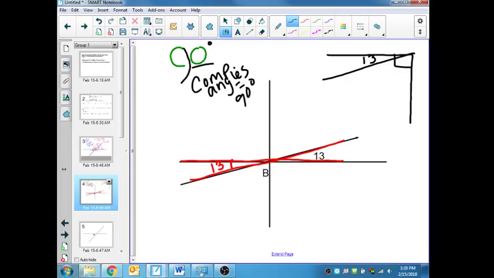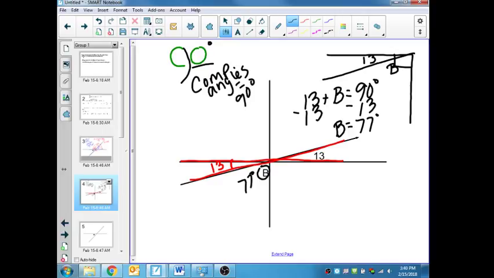Well, if this is 13 and we're looking for this angle, B, I can write that as 13 plus B equals 90 degrees. Subtract 13 from both sides, and B equals 77 degrees. So I know the angle B is 77 degrees.